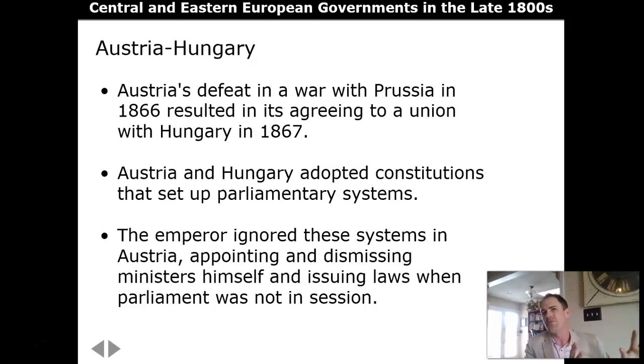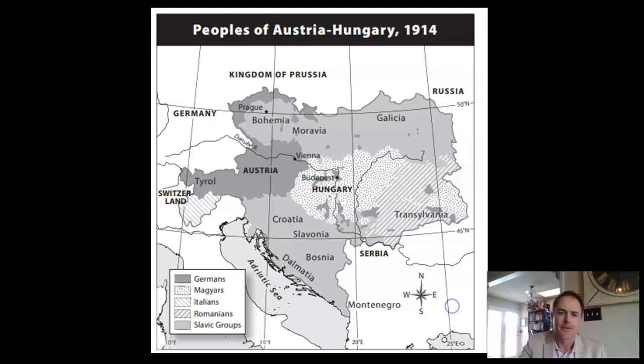So you see here in Western Europe growing democracy in Great Britain and somewhat in France, but in Eastern Europe and Central Europe, you see more the strengthening of the old order, these conservative movements around the emperor, around the church, and that's going to come into play as we go through the 19th and then 20th centuries. The other key thing to point out about Austria-Hungary is that it was incredibly diverse, made up of many different ethnic groups. This is just a small sampling of all the different kinds of people that lived in Austria-Hungary in 1914.